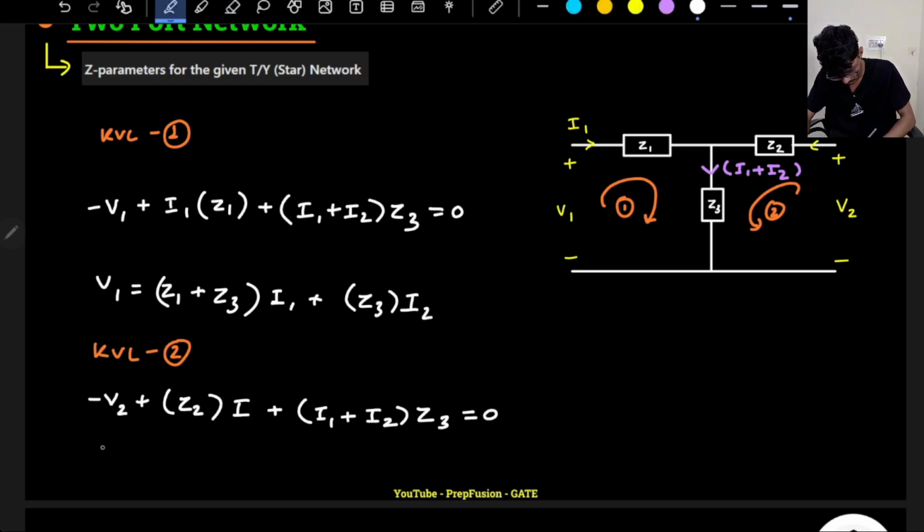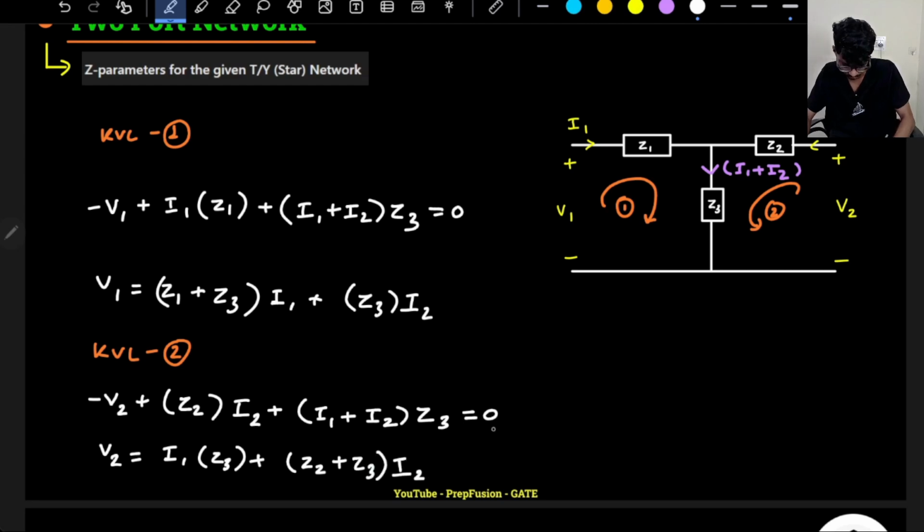So my V2 will be equal to I1 into Z3 plus (Z2 plus Z3) into I2.